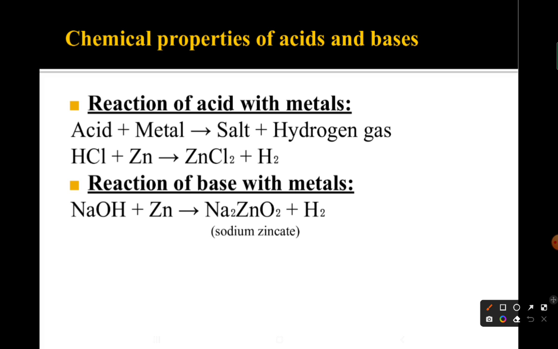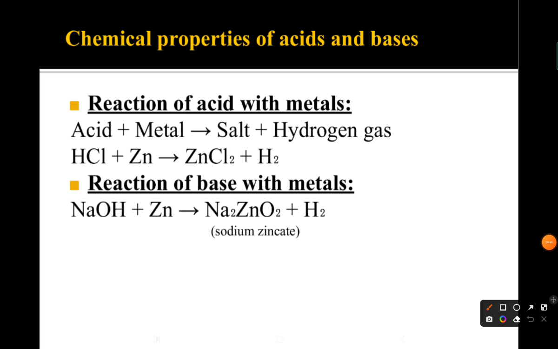Reaction of bases with metals: NaOH plus Zn gives Na2ZnO2 plus H2. Now I will tell you the full forms.